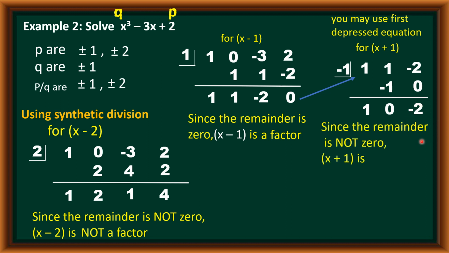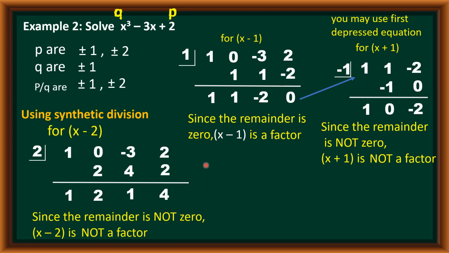So, hindi siya 0. Since the remainder is not 0, therefore x plus 1 is not a factor. Ala, bakit ganun? 4 lang yung ating possible rational roots, pero yung dalawa doon, yung positive 1 tsaka negative 1, hindi na siya factor.